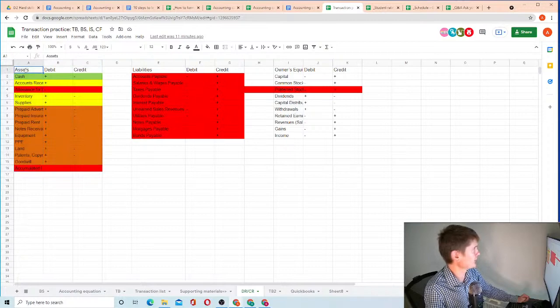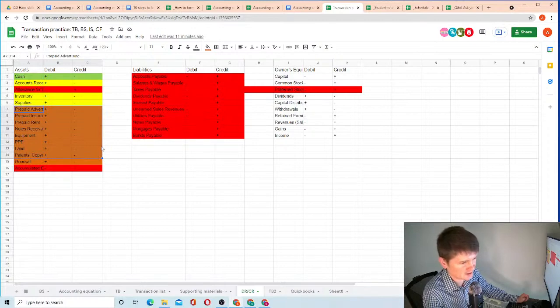In the first column we have assets, and I added a list of accounts which represent the assets. And I marked assets by color based on liquidity, like cash is green, the most liquid, and that's the usual presentation in the public financial statements. So you put the most liquid assets on the top of the list.